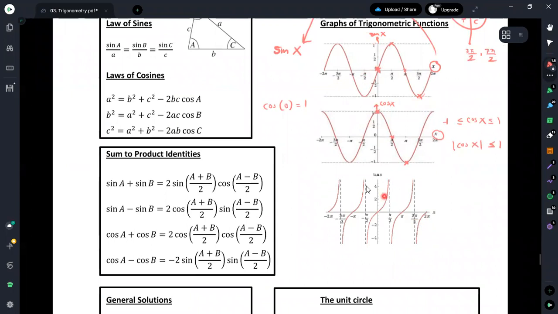But once you see the graph of the tangent function, you can see that the graph is not a continuous graph. There are some discontinuities in this graph. Therefore, you can see that at the odd multiples of π/2, here we can see that there are discontinuities.